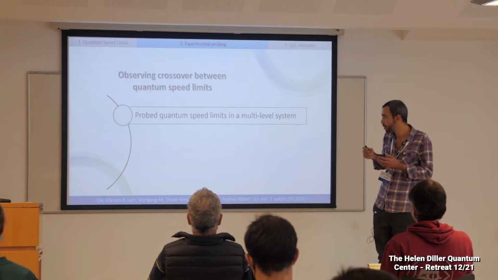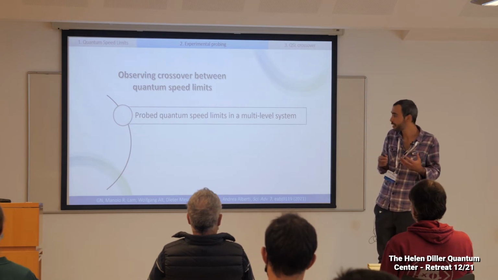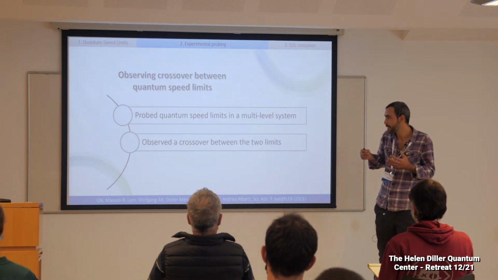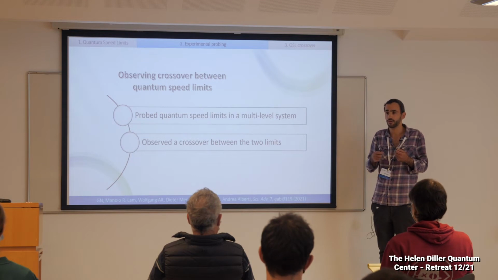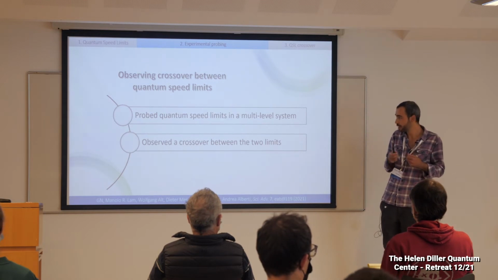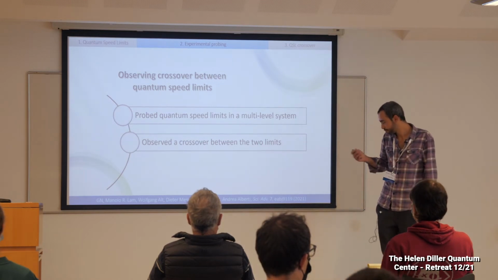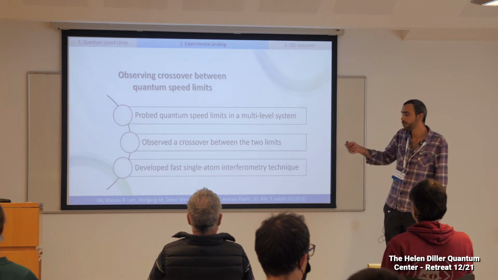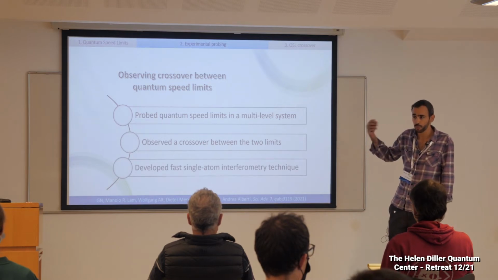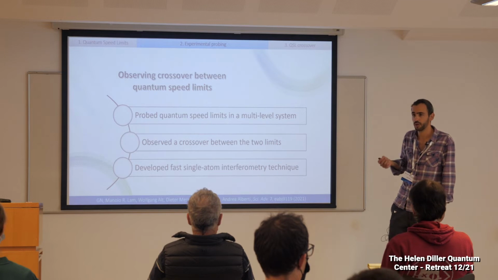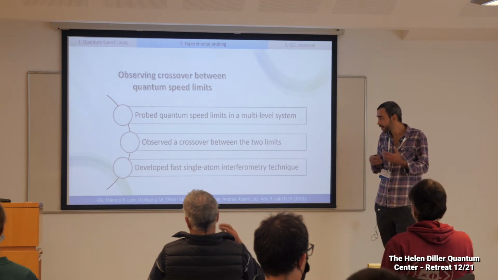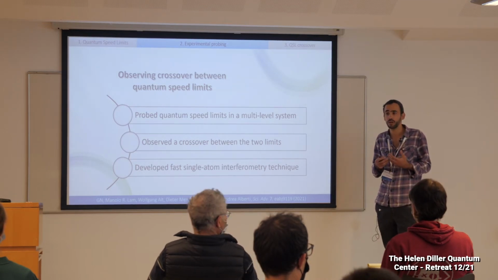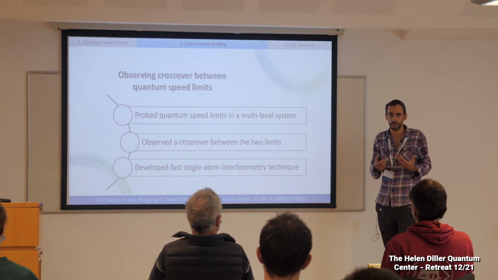First, we probe the limits on a multi-level system, and by observing both limits, we reveal a crossover between the two bounds, which we'll shortly see. To do that, we have developed an interferometry technique for matter wave interferometry that leverages a very unique experimental tool called spin-dependent optical lattice.